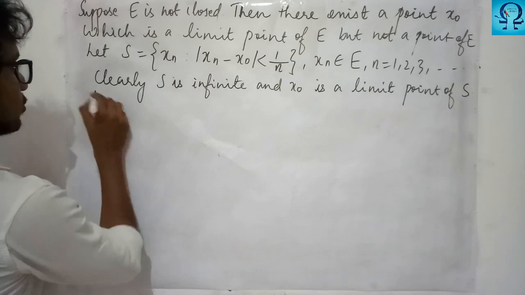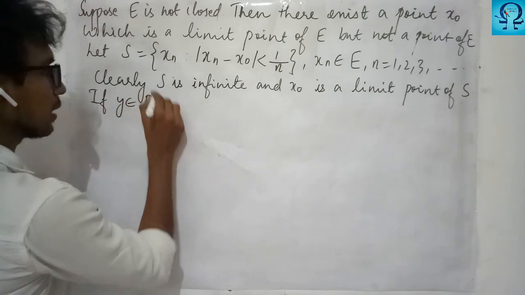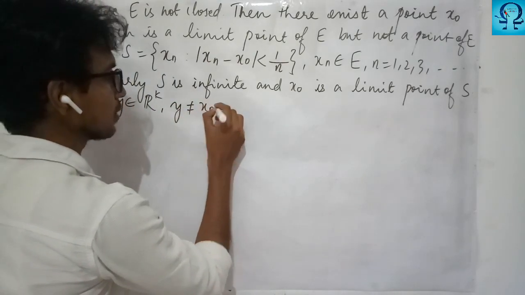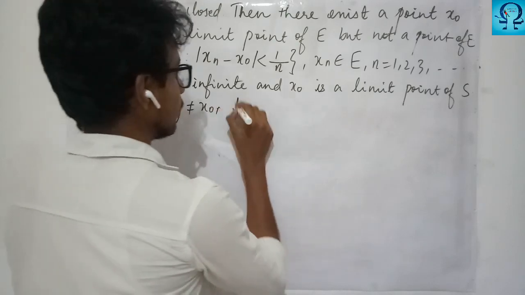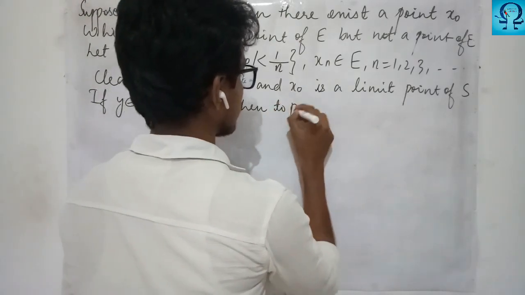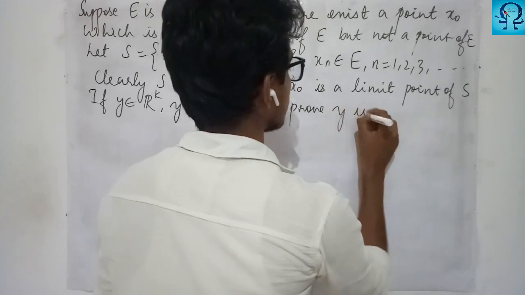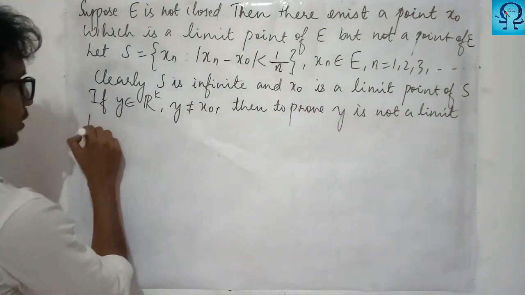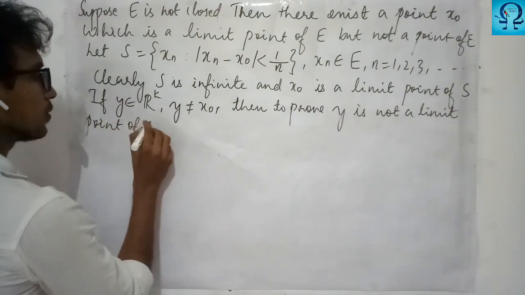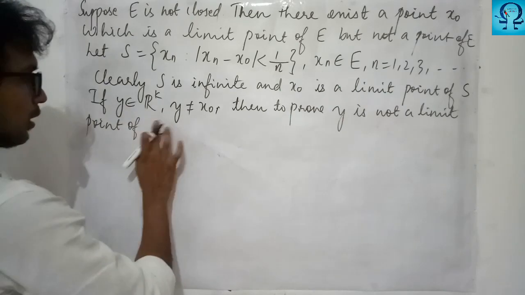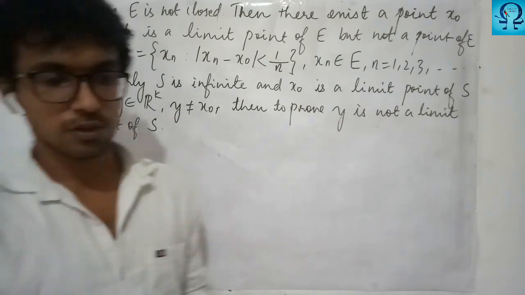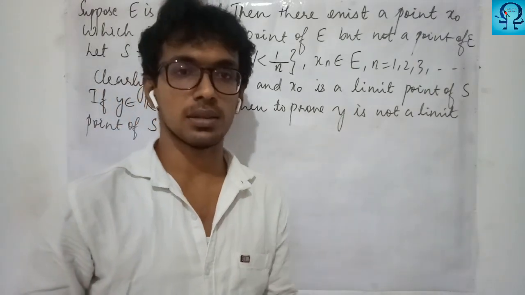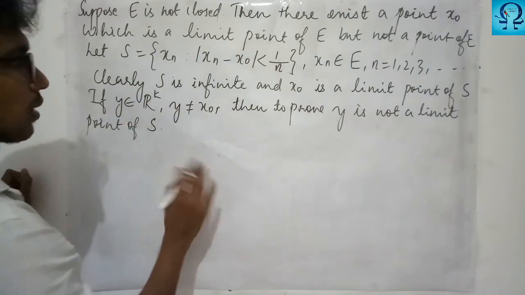Now we are choosing one more point in Rk. We are choosing some point y in Rk and it is not the same as x naught. Then we need to prove this y is not a limit point of S. By proving this, we may come to the required conclusion.